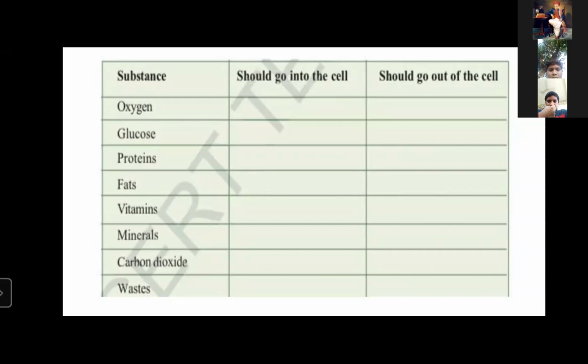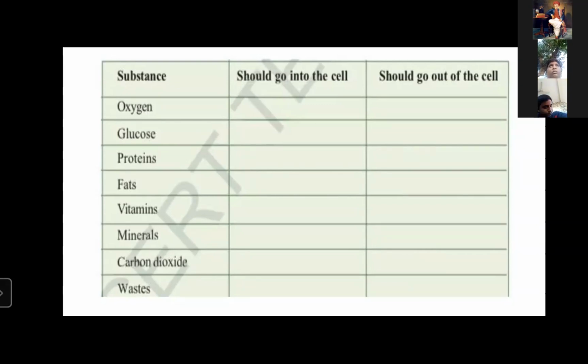Hemoglobin carries oxygen and transports it to all cells of our body. The cells use oxygen for daily activities and metabolic activities.